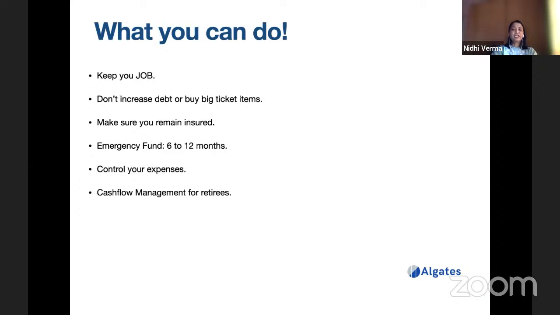Control your expenses, and for retired people it is important to manage cash flow, because retired people of course will not have any income inflow. So they have to manage from whatever they have. They have to keep on liquidating some of their savings or investments every month for their monthly expenses.